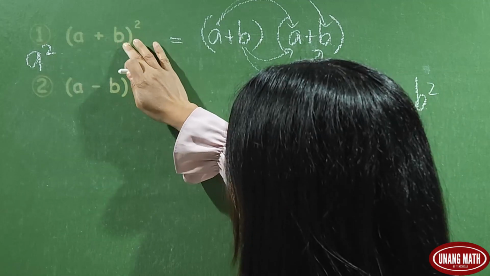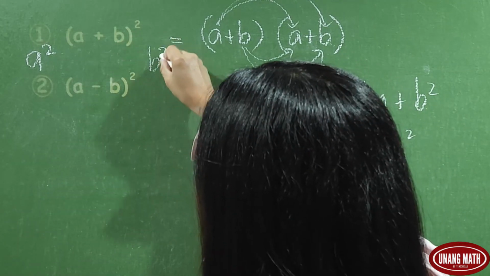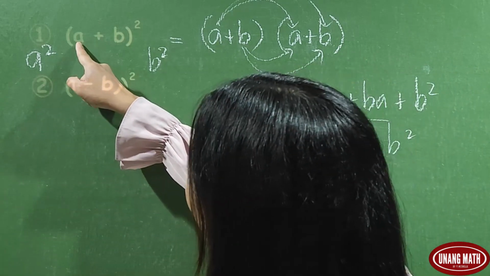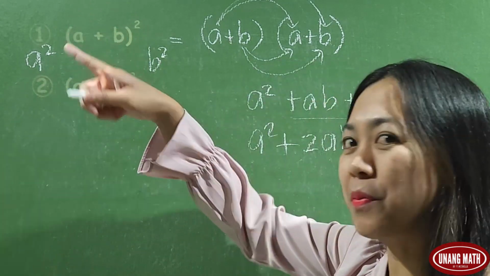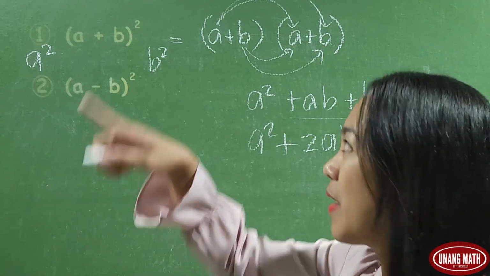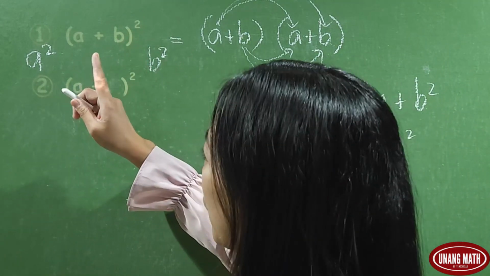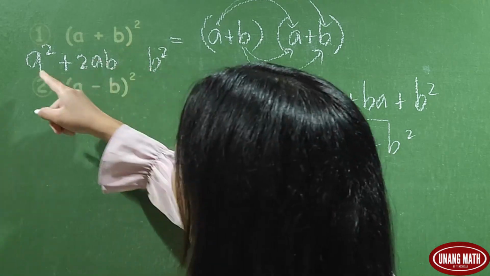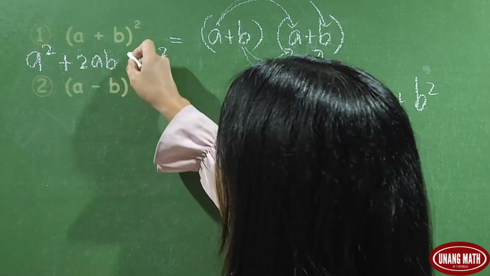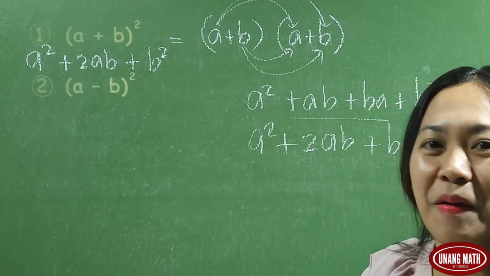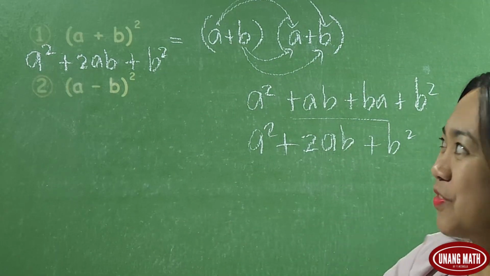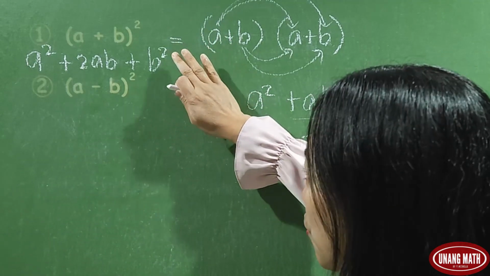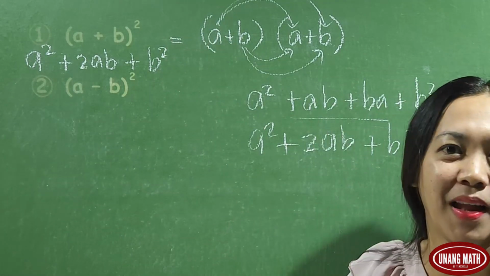B times b is b squared. And the next one would be a times b, that would be ab, times 2, then that would be 2ab. So plus 2ab. So this is a squared plus 2ab plus b squared. This is what we call special products, square of a binomial.